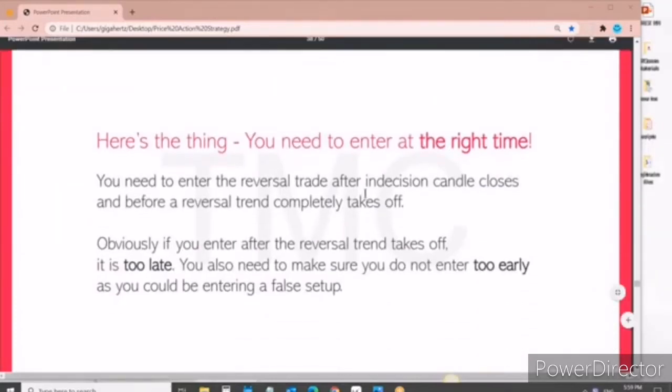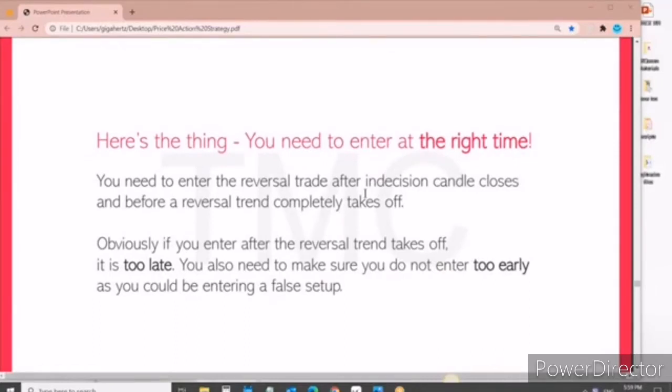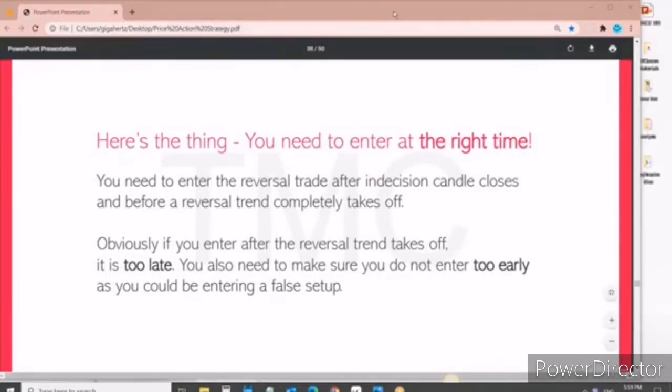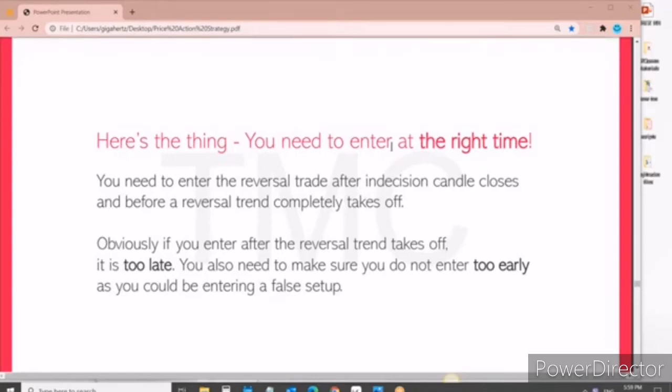Nasaan na ba tayo? So, here's the thing. You need to enter at the right time. So, sabi ko nga, it's very crucial na matsyempohan mo talaga siya. But, it's really effective naman kapag ka nakapasok ka. So, you need to enter the reversal trade after indecision candle closes and before a reversal trend completely takes off.